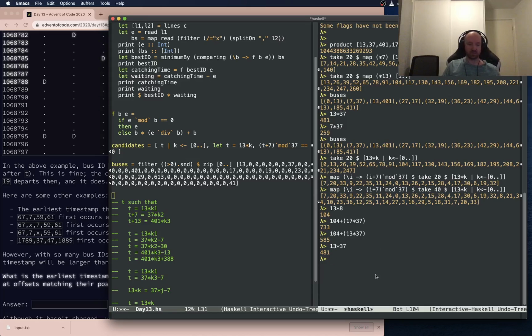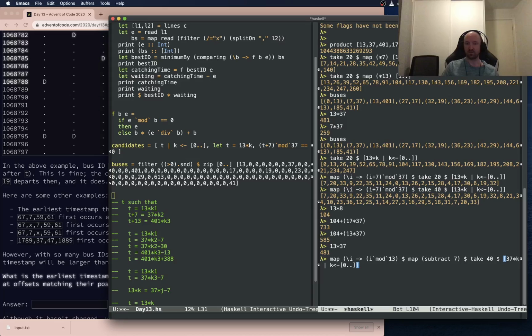I wonder if it works the other way around. Suppose I'd done it the other way around. So instead of going with multiples of 37, I'd done it this way and swapped this around. Subtract 7. And then we'll look for 13 instead.